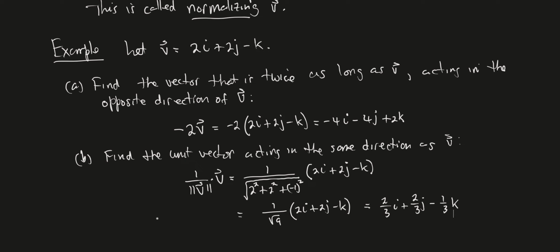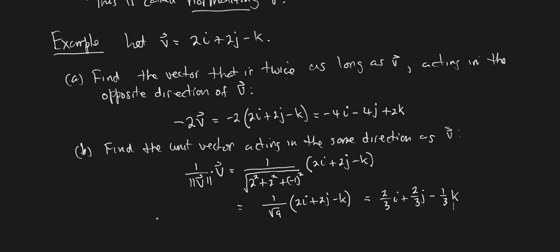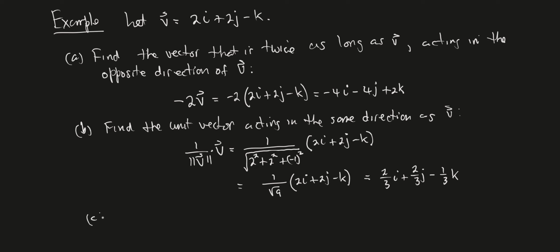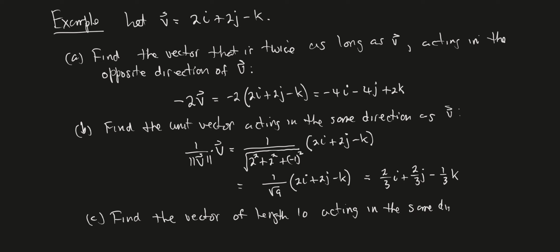And then let's do part C: find the vector of length 10 acting in the same direction as v.